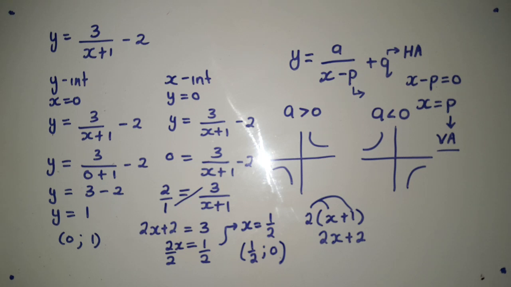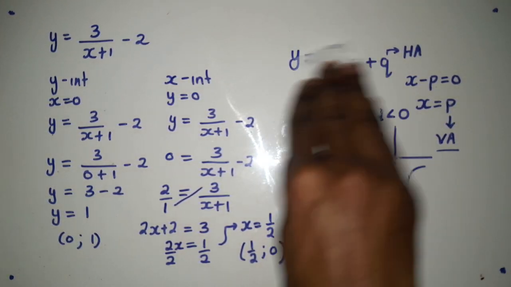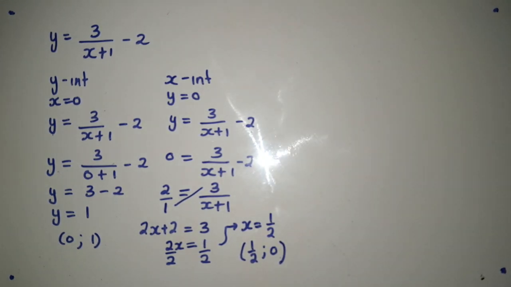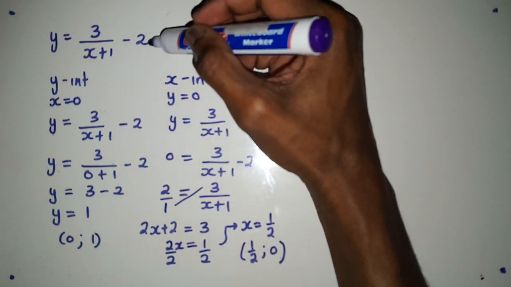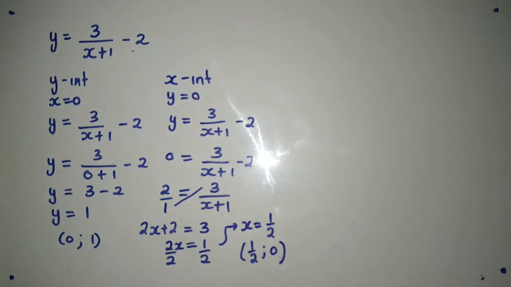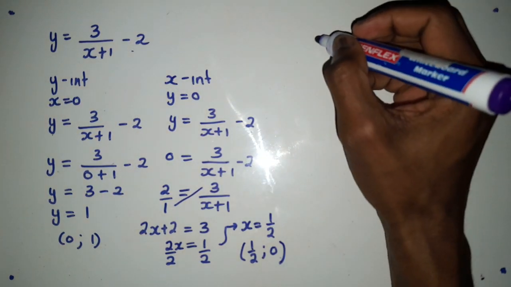Now we have our y-intercept. We also have our x-intercept. Let us now determine our asymptotes. This value, -2, is going to be our horizontal asymptote.